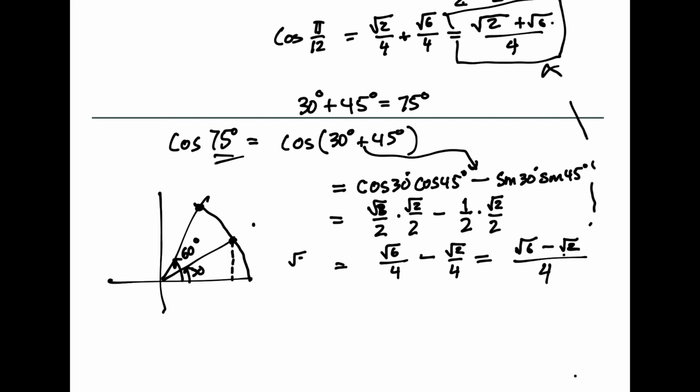Root 3 over 2 is a larger value than 1/2. In other words, 1/2 is smaller than root 3 over 2. This is one thing that I picture in my mind. So at 30 degrees, we are at the larger number for x, root 3 over 2. And if you look up here at the y, we're about halfway to where the 1 would be if this keeps on going up. So we're at the half value for the y.